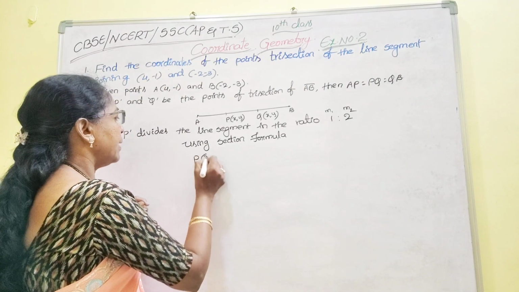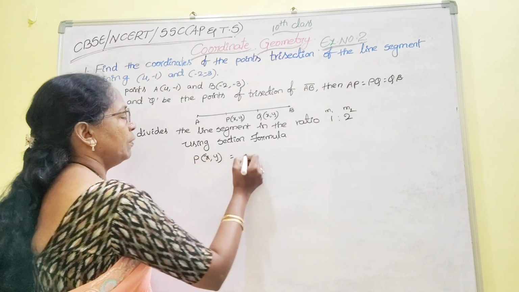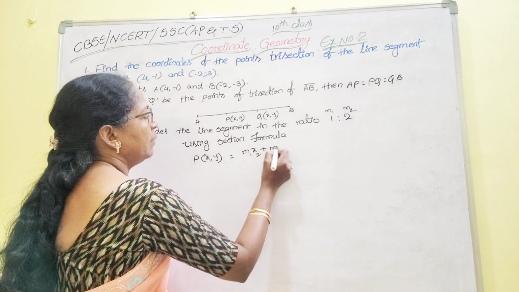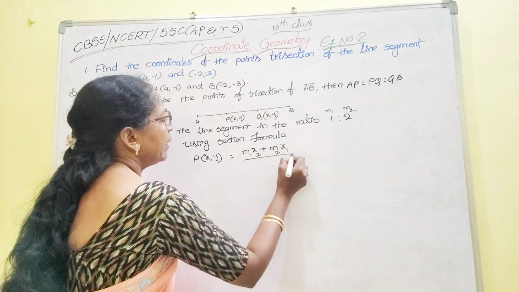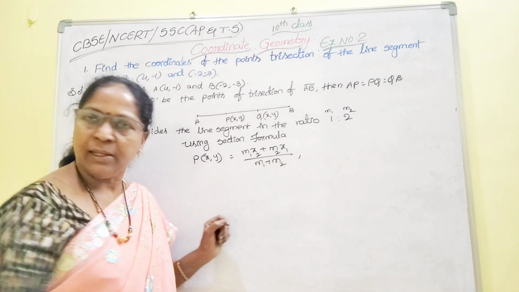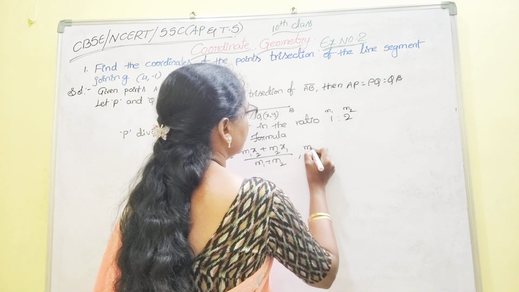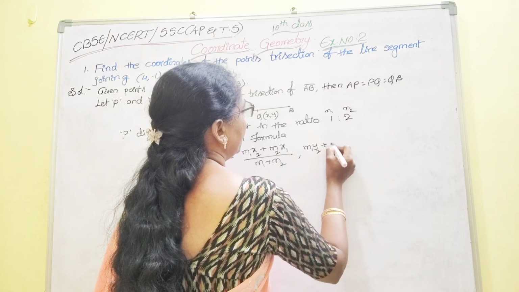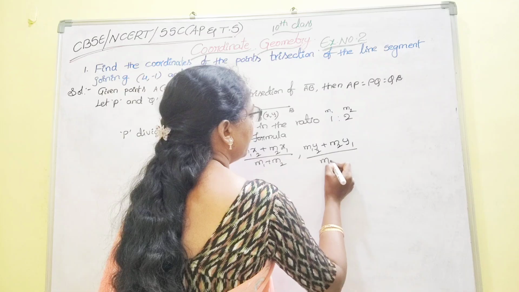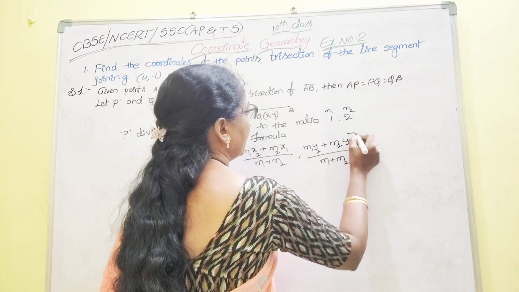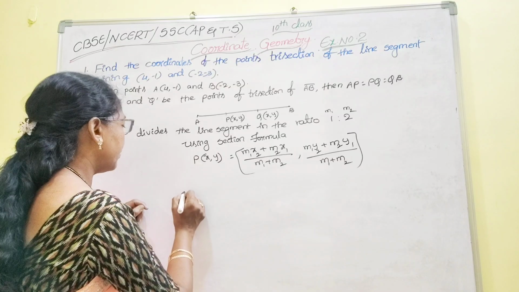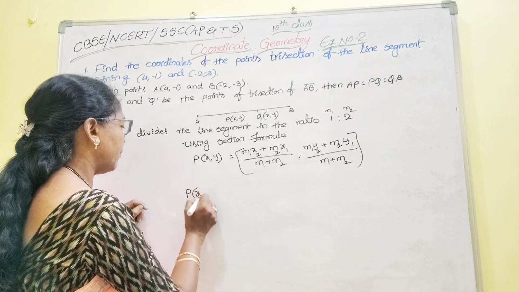P of (x, y) equals (M1 x2 plus M2 x1) divided by (M1 plus M2), comma, (M1 y2 plus M2 y1) divided by (M1 plus M2). This is the section formula. Now P coordinates we have to find out, where P of (x, y) equals.